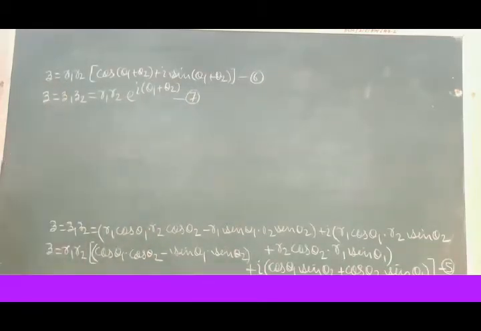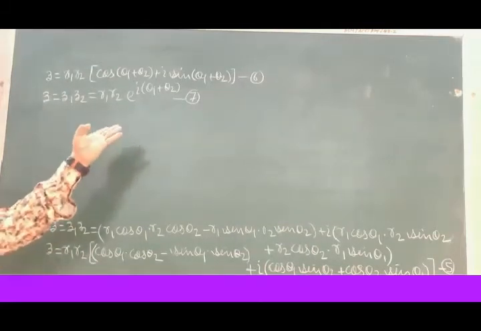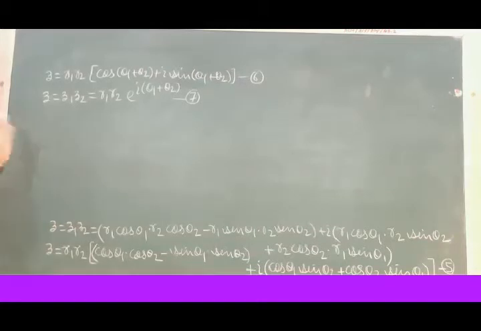Equation 6, which is in polar form, may be written in exponential form as z is equal to z1 into z2 is equal to r1 into r2 into e to the power i into theta 1 plus theta 2, equation number 7.